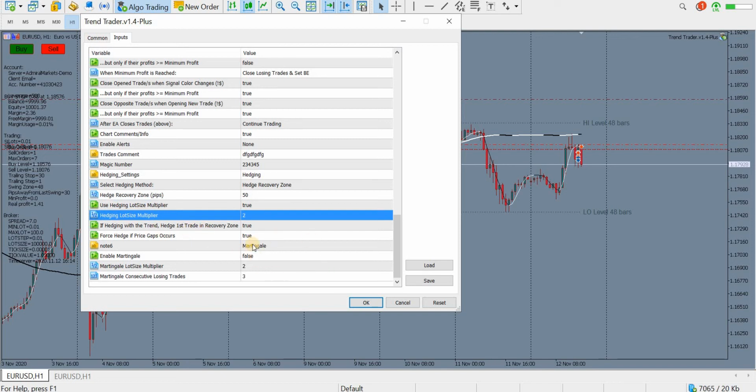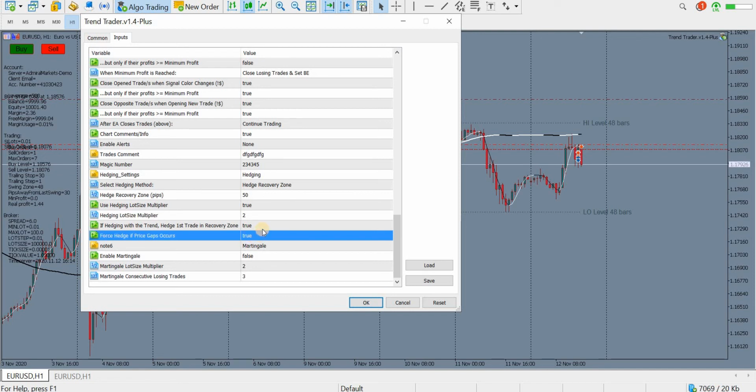And there's also the option to force a hedge if a price gap occurs. For example, during the news or, I don't know, during the weekend, you have an open trade, hedging enabled, the price moves and maybe it didn't trigger the hedging pending order, then the expert advisor will automatically open a hedging order at the price level at that moment.